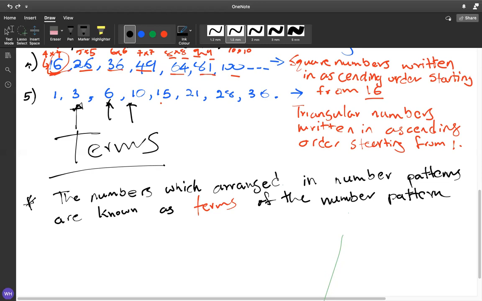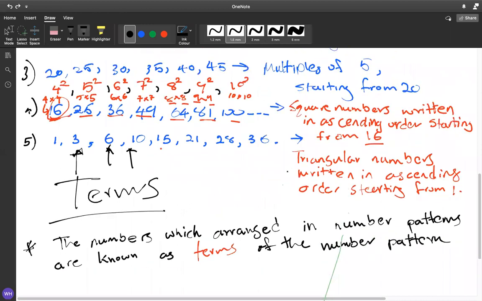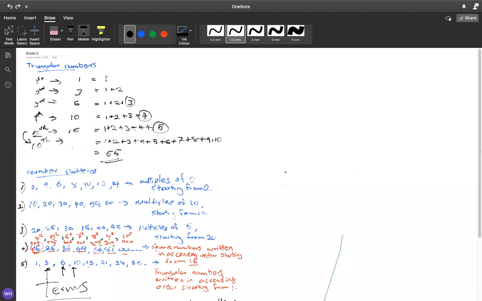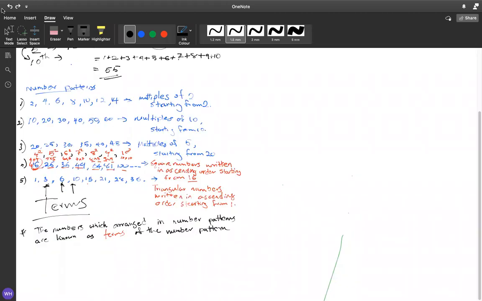I sent you a link. Right, wait, I'll find that. Where's that? Okay, now here, so here you can see this. Wait, I will share the screen with you once I have got that. Until then, we'll finish these number patterns and that lesson, and now we are going to the new lesson, right?